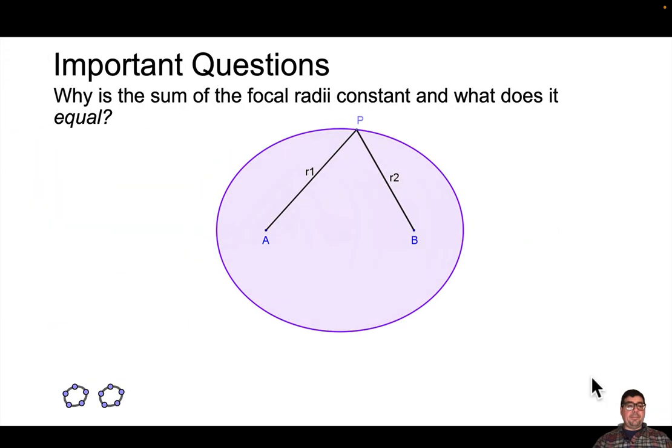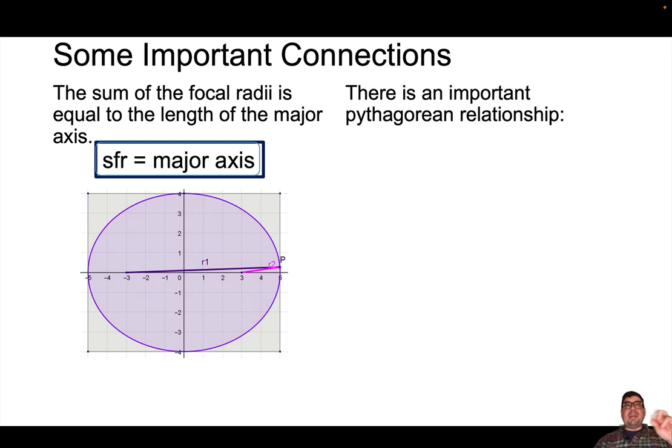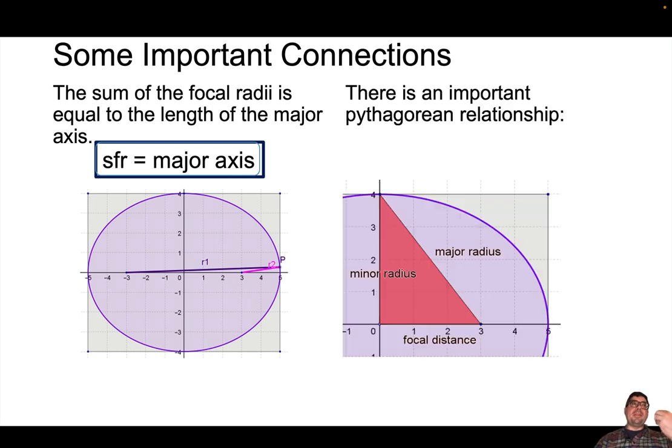Let's take a look. Okay, so summing it up, we've got the sum of the focal radii: add the radii together, you get the major axis. And as you might have noticed, we have this relationship, which we can use to our advantage. The radius you saw, here's the covertex right here. That distance from this point, which is a focus, up to the covertex was exactly half of the major axis.